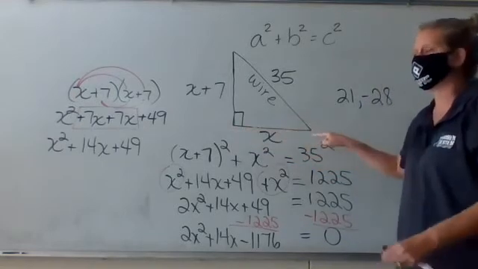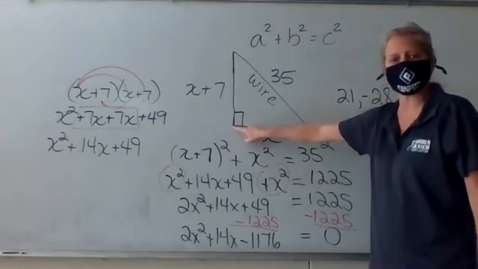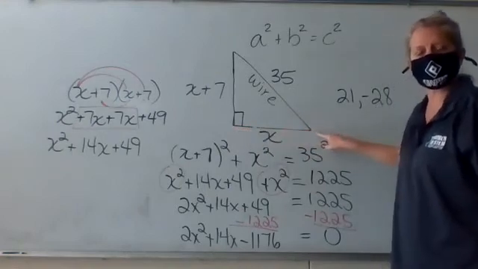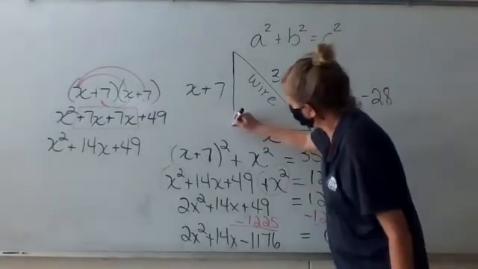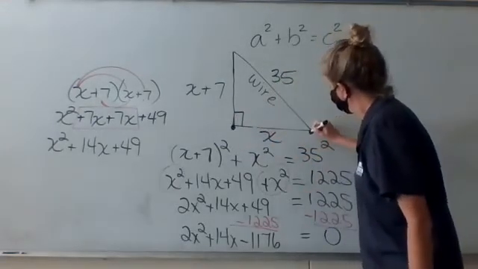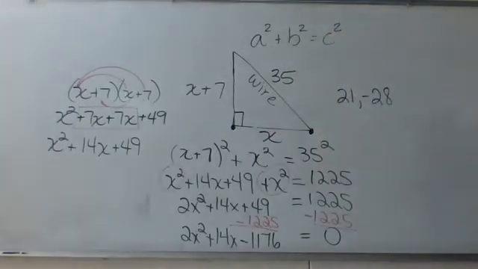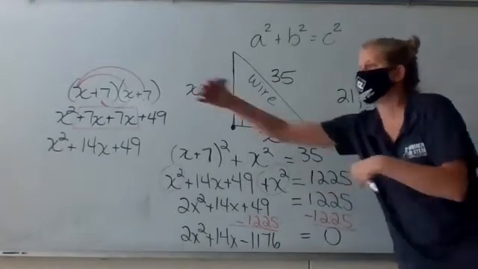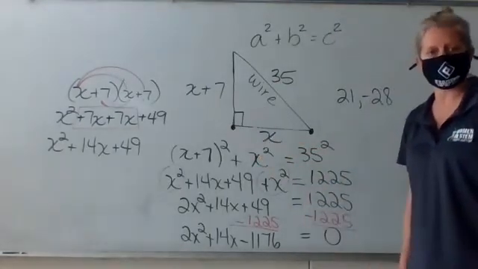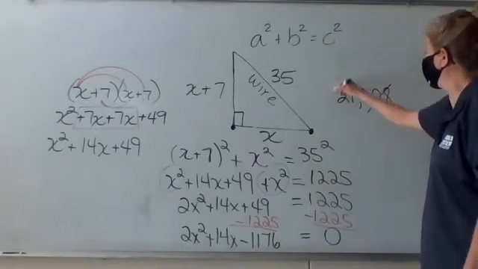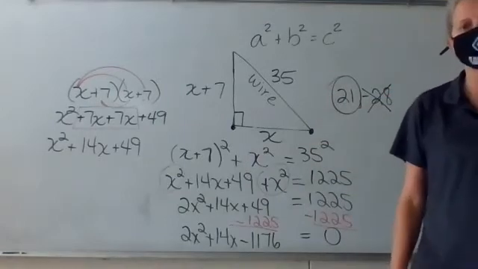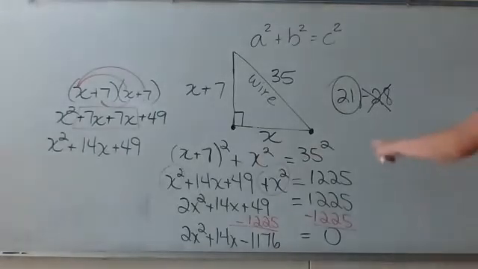It's representing a distance from the base of an antenna tower to the end of the wire. Well, if I'm talking about a distance from this point to this point, it's not going to be a negative number, am I right? You can't say from here to here is negative 28. It's a distance. So that's why you use the positive 21 to represent your x.